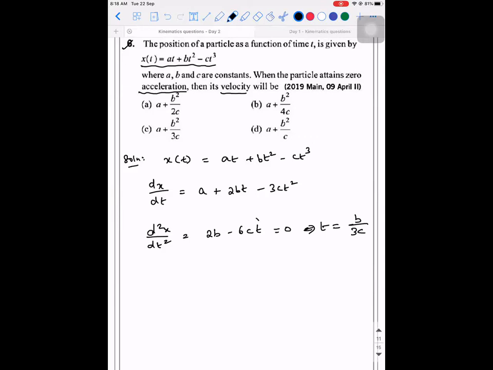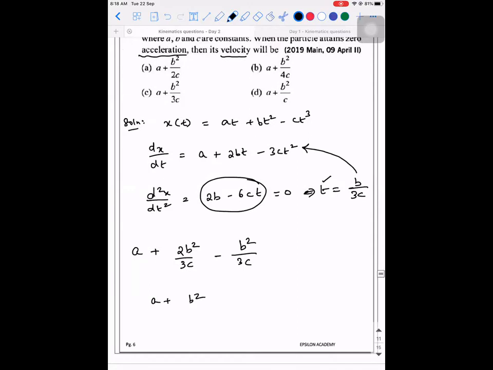When acceleration is 0. So acceleration is 0 at the instant t is equal to b divided by 3c. What would have been the velocity of the particle? Means take b by 3c and substitute it here. What will you get? a plus 2b square divided by 3c minus b square divided by 3c. So a plus b square divided by 3c. Is there an option like that?